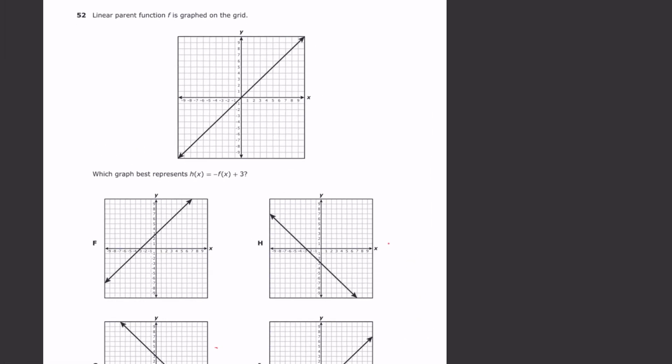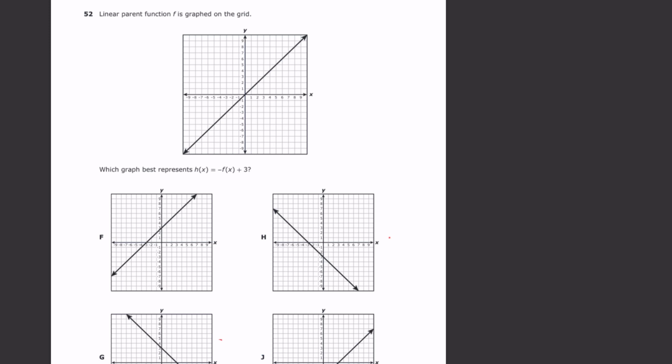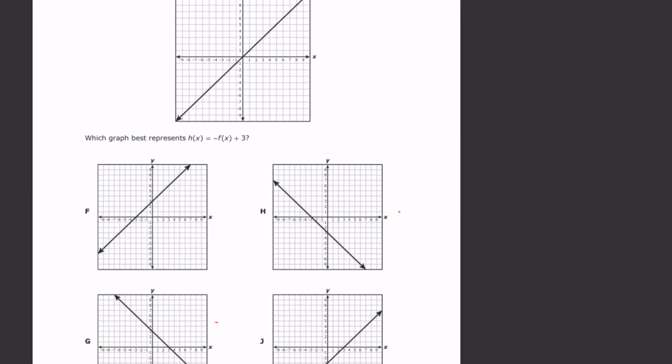Next, 52nd problem. In the 52nd problem, linear parent function f is graphed on the grid. Which graph best represents h of x is equal to minus f of x plus 3? Now plus 3 is nothing but the y-intercept over here, and the graph is negative.